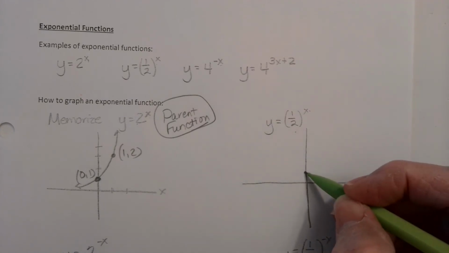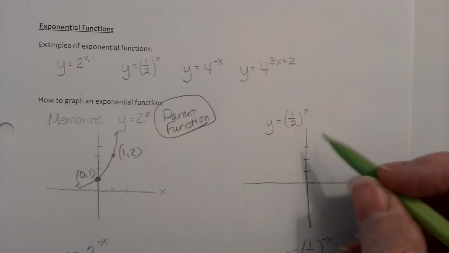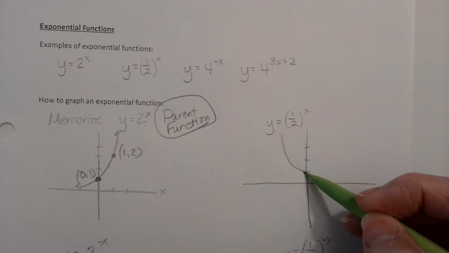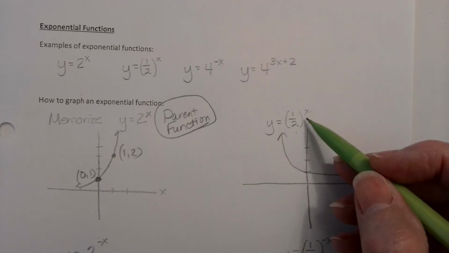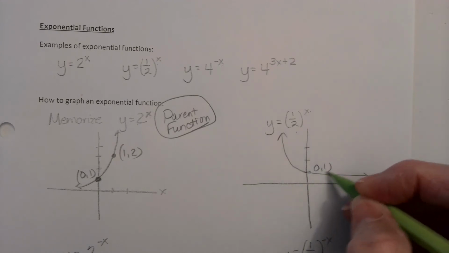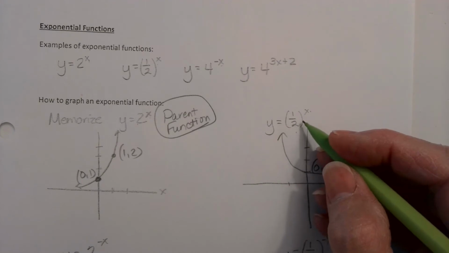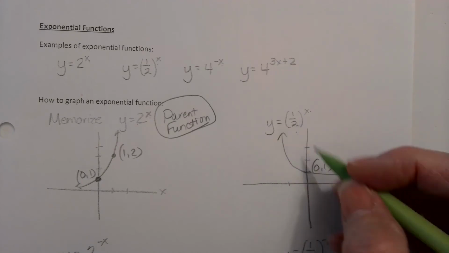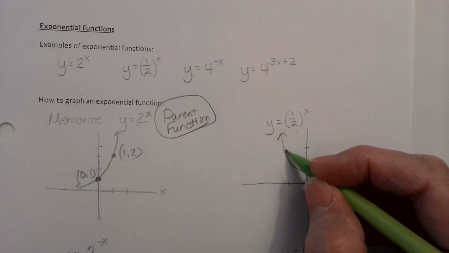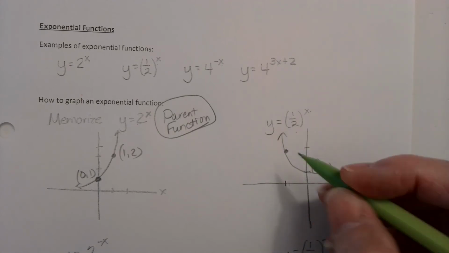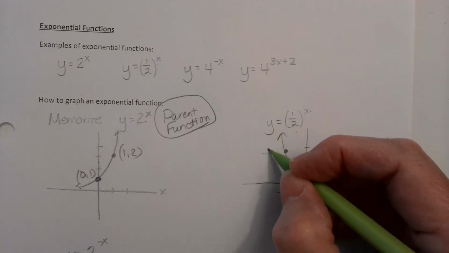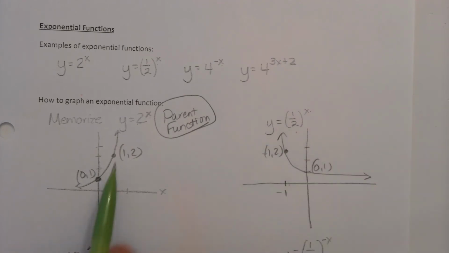Okay, so I'm going to put my 1 right there, and I'm just going to go ahead and draw it, because I know it basically has to look like this. Of course, when I put 0 here, I still get a 1. Sorry. If I put -1 there, I get 2. So -1 is 2.